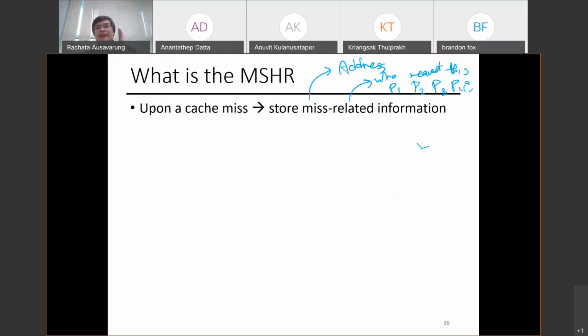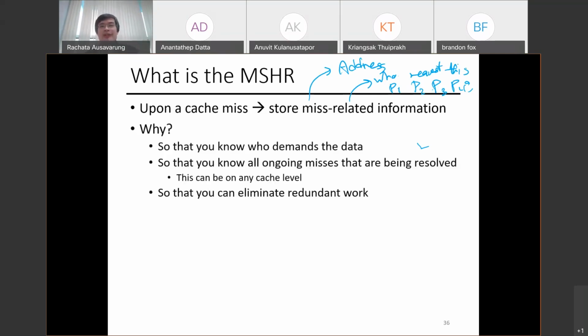Those information will be used to make sure you don't send so many cache miss requests to DRAM to get your data. Why do you need this? First of all, you know who demands the data. Once you have the data back, you know, okay, I have to send this data to processor 1's pipeline, and this data to processor 3's pipeline. So you know all the ongoing misses that are being resolved right now.